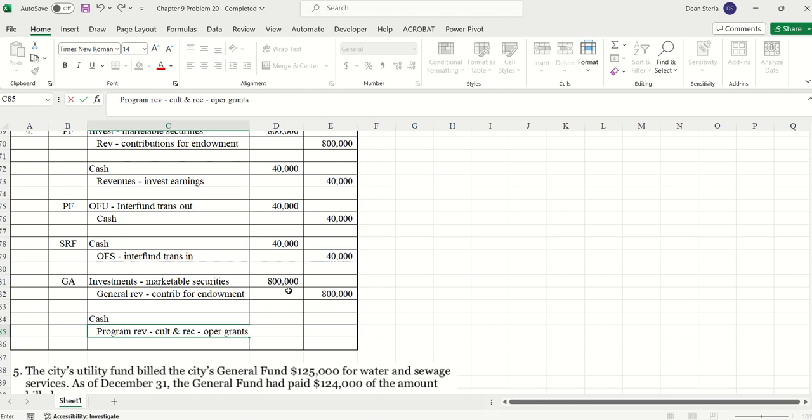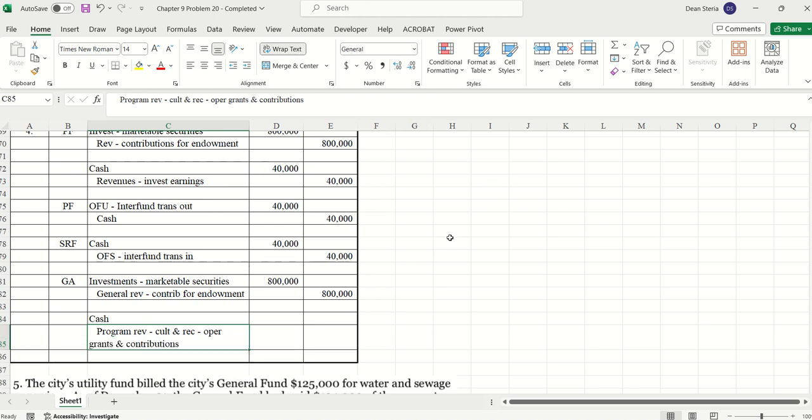Operating grants and contributions. So let's wrap that. Okay. So we got the cash and then the program revenues, which is going to be the $40,000 cash.